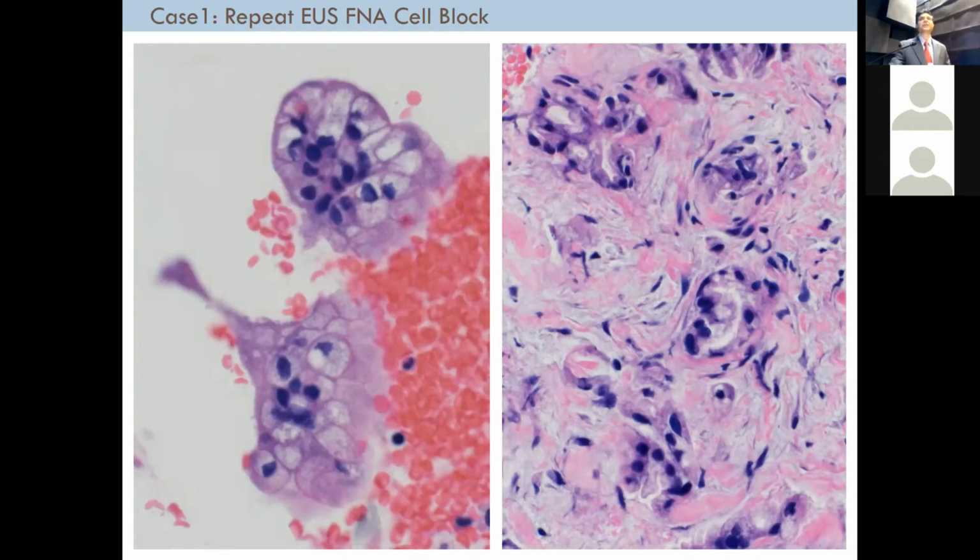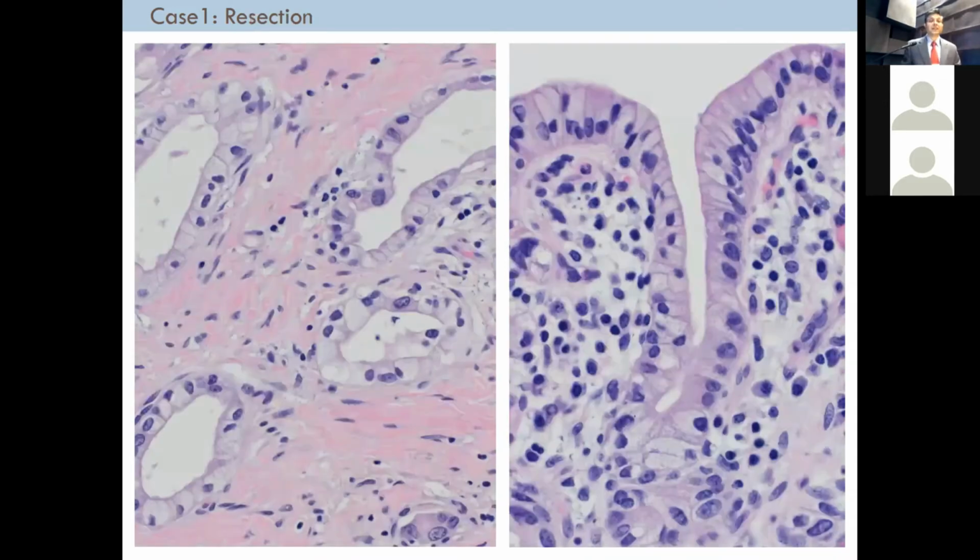The patient underwent a neoadjuvant chemotherapy and a Whipple resection was performed. On Whipple resection, this is one of the sections that is actually showing presence of these very bland appearing glands, as you can see over here. These are lined by cells with very foamy type of cytoplasm, similar to what we see on cytology. If you focus on the apical zones of these cells, they show this characteristic chromophilic condensation that gives it a brush border-like appearance.